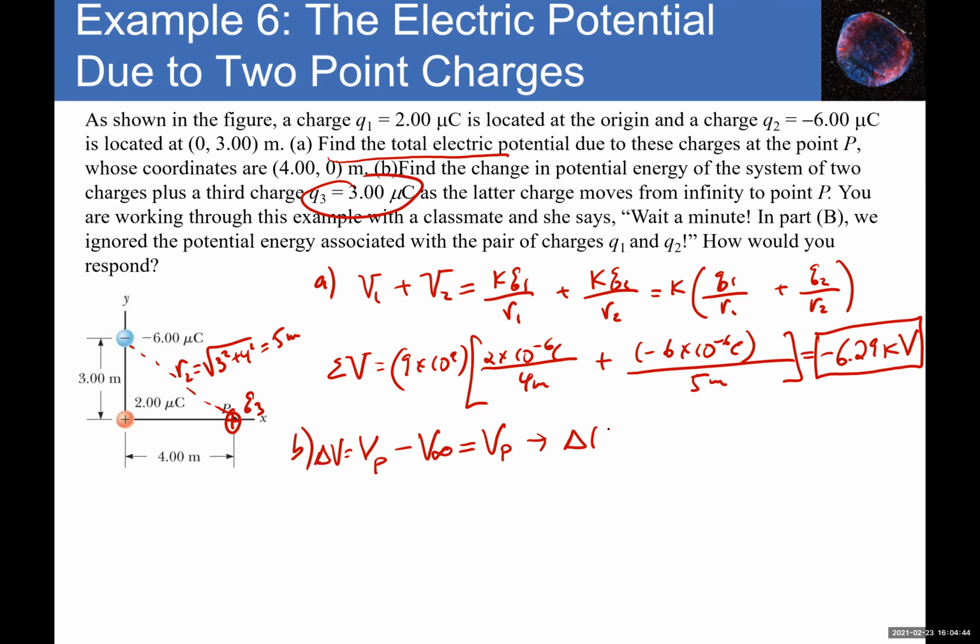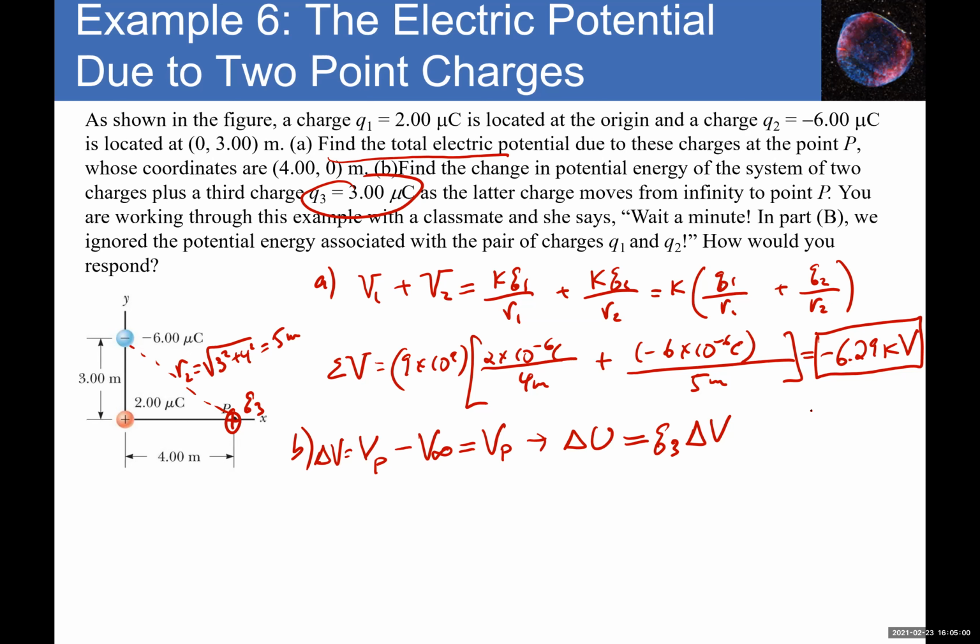So this is basically potential at point P because potential at infinity equals 0, referencing infinity. That means then I can say delta U is equal to Q3 times delta V that I already have here. See, I can bring that Q3 there and calculate in terms of U12, U13, and something like that, right?